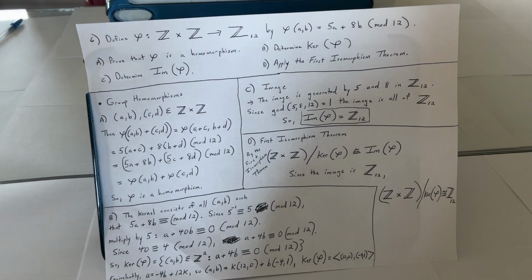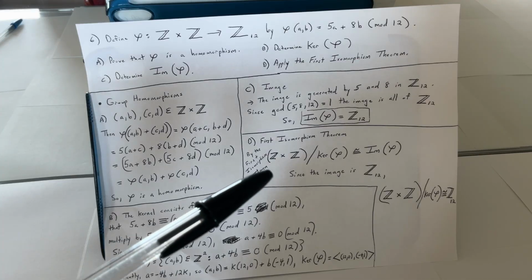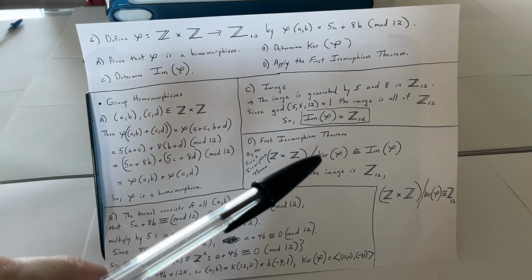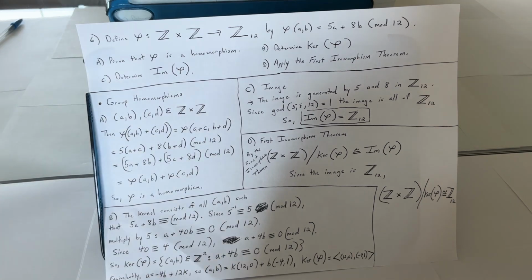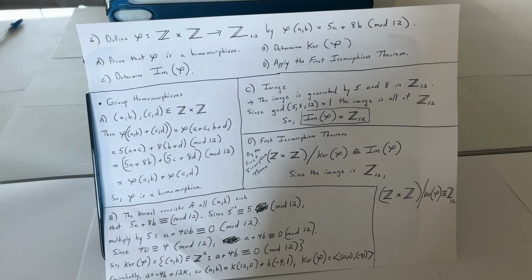All right, and for part D, apply the first isomorphism theorem. Applying the first isomorphism theorem, the quotient group Z × Z over the kernel of phi is isomorphic to the image of phi.